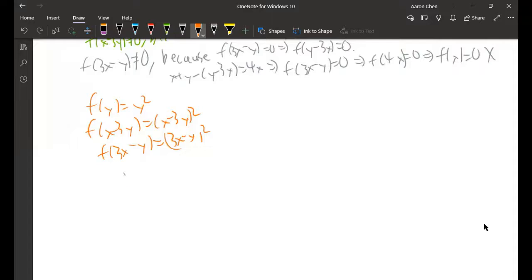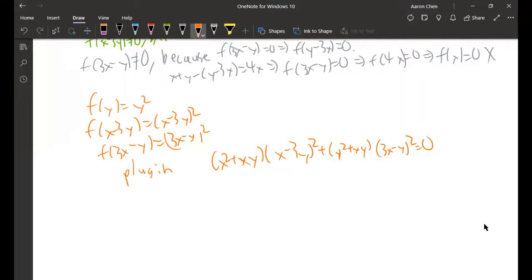And so now we can plug this into the equation. And so that would give that x squared plus xy times x minus 3y squared plus y squared plus xy times 3x minus y squared is equal to 0.